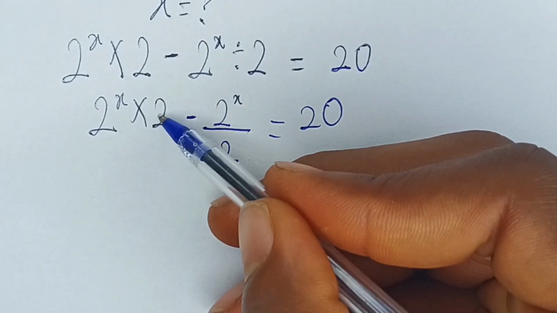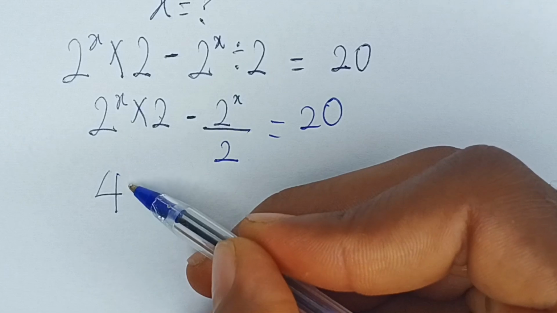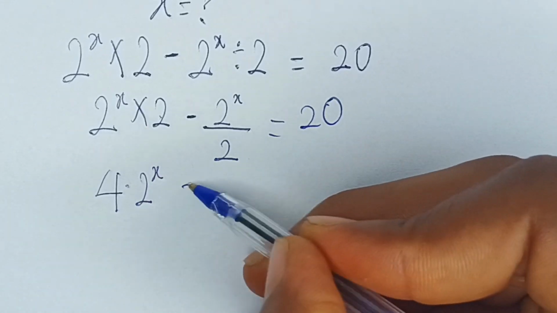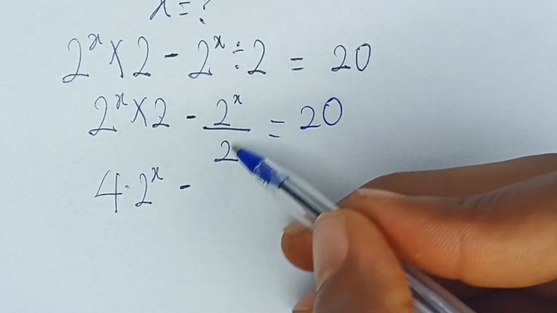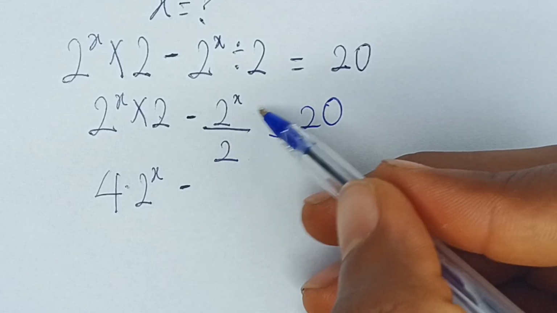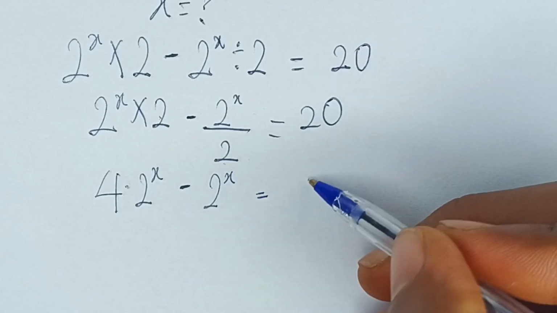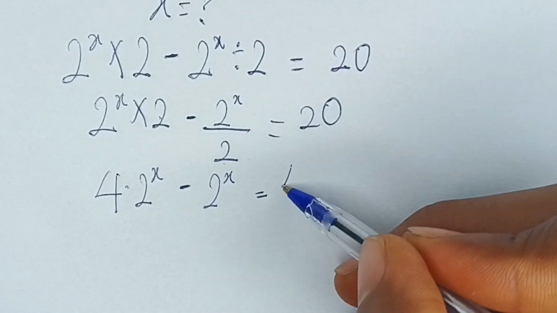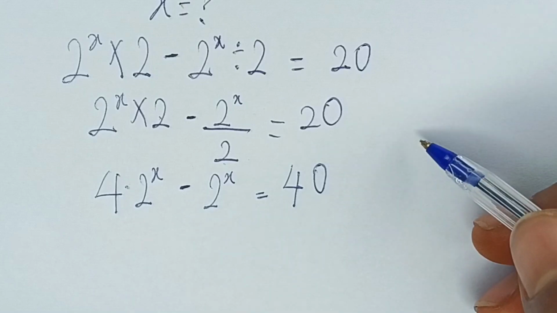So we have 2 times 2 times 2 raised to the power x is 4 times 2 raised to the power x, minus, for here we have 2 times 2 raised to the power x divided by 2, which is the same thing as 2 raised to the power x, and this is equal to 2 times 20, which is 40. All right, from here let's factor out 2 raised to the power x.